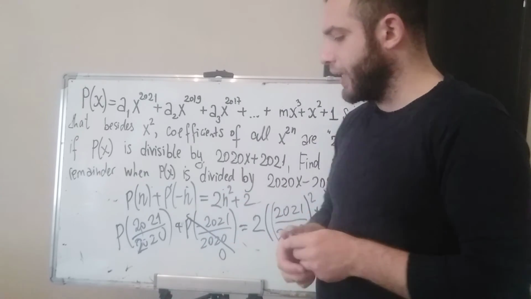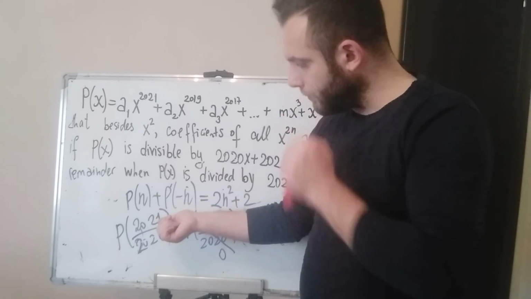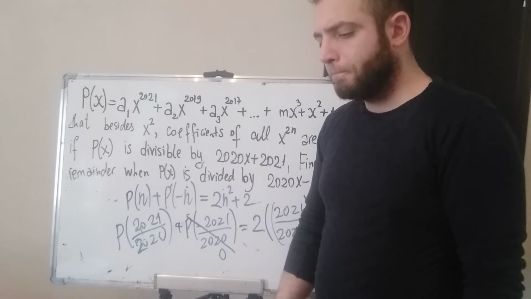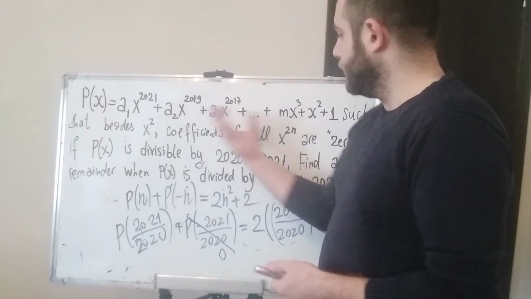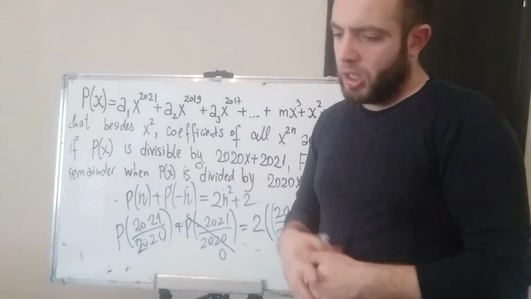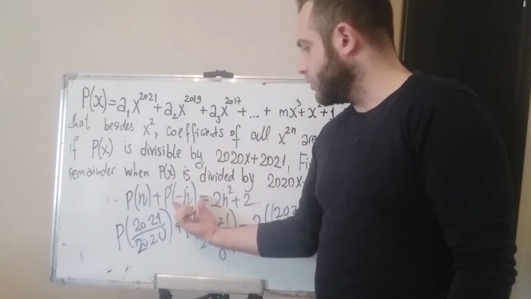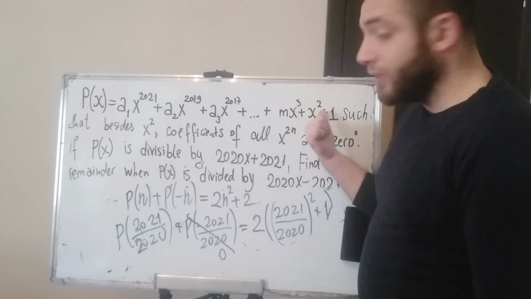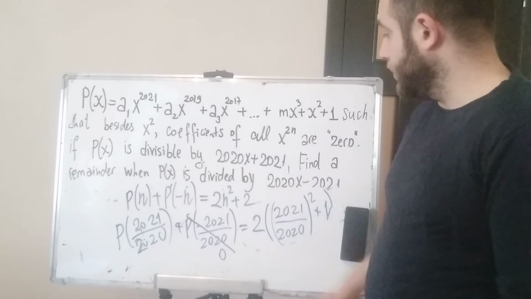But if you check how P of n or P of minus n shows itself after plugging in the expression, we actually see that their sum gives us only even degree terms, and 1 is a constant coefficient.